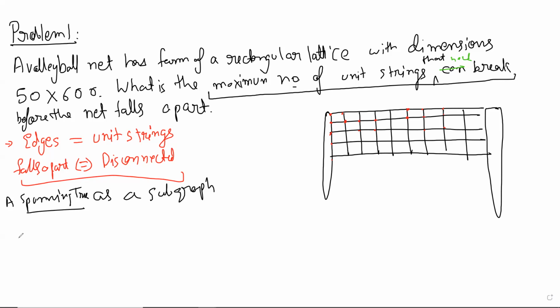For this, we need to compute the total number of vertices that we have. So how many vertices do we have? That's right. It is simply 51 times 601, because the dimension is 50, so it's 51 points and so on. So we have this many vertices. And how many edges do we have?